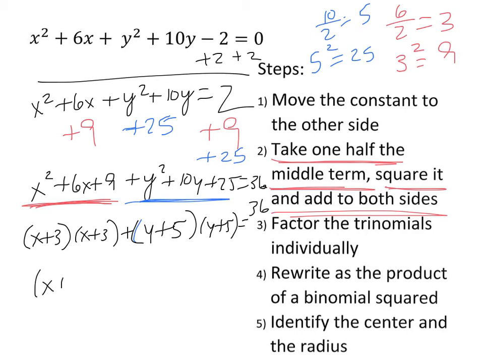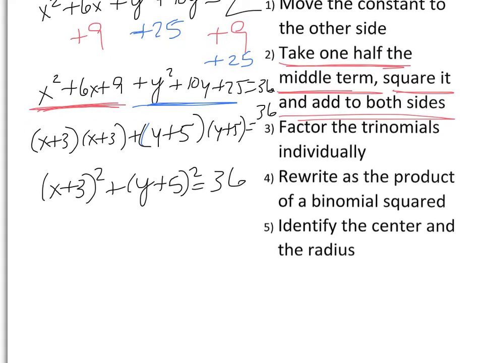And what that means is I'm going to write this as x plus 3 squared plus y plus 5 squared equals 36. This is a much better center radius form of the circle. So I could identify the center and the radius based on this new equation. The center would be -3, -5, and the radius would be 6.